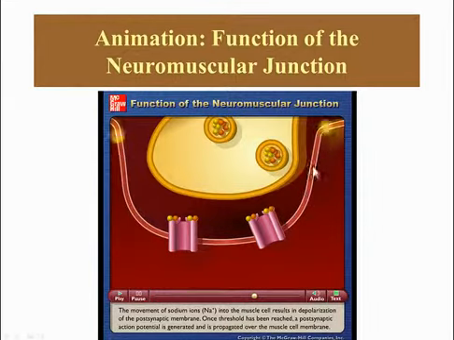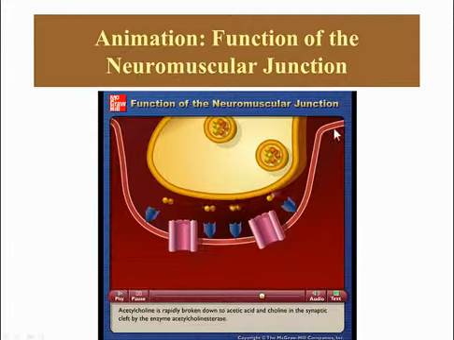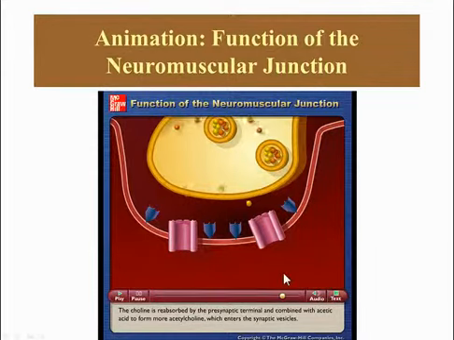It causes another nerve impulse on the surface of the sarcolemma, and that impulse later on down the line allows for the release of more calcium and allows for the muscle to contract. Now an enzyme was released called acetylcholinesterase, and acetylcholinesterase breaks down the acetylcholine.